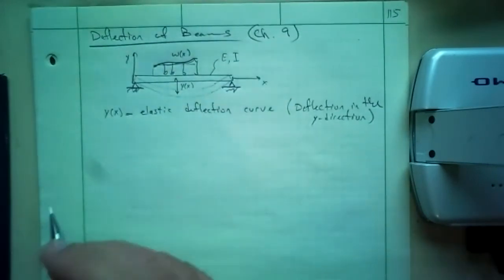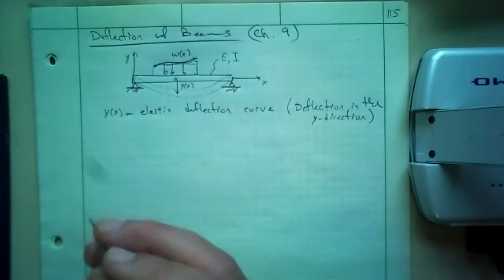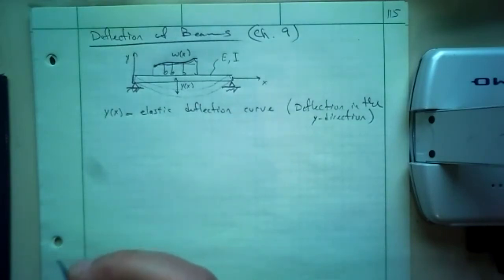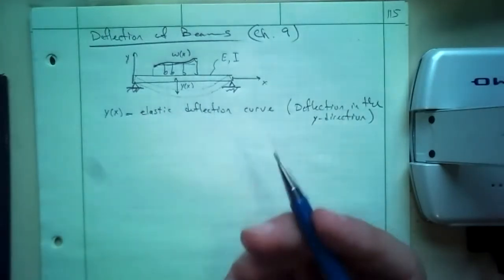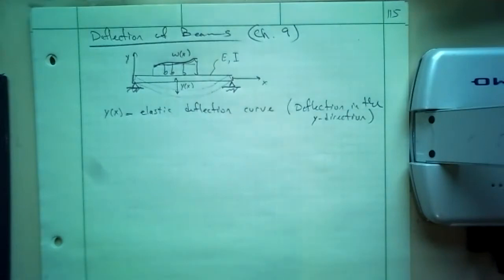I have a question. With the elastic deflection, does that take into account the fatigue life cycle of a component? No, it doesn't have anything to do with any of that. It just simply gives you how much it is going to deflect as a function of the length. It doesn't have anything to do with fatigue.